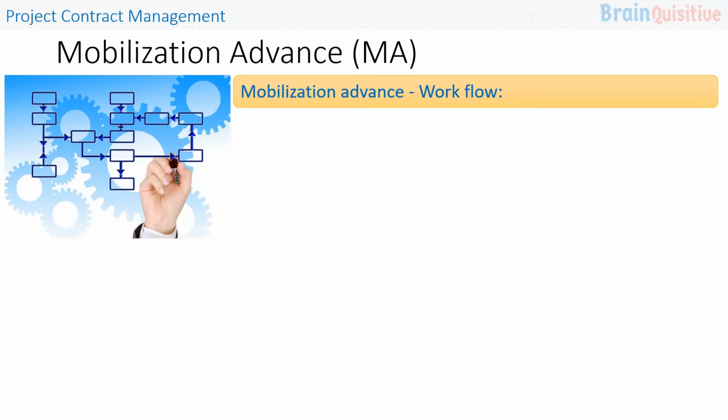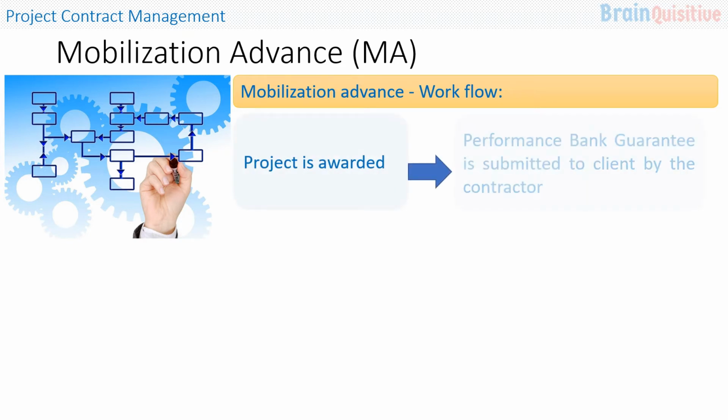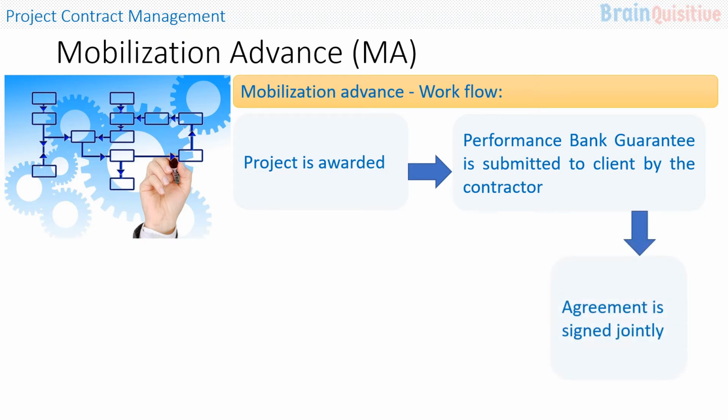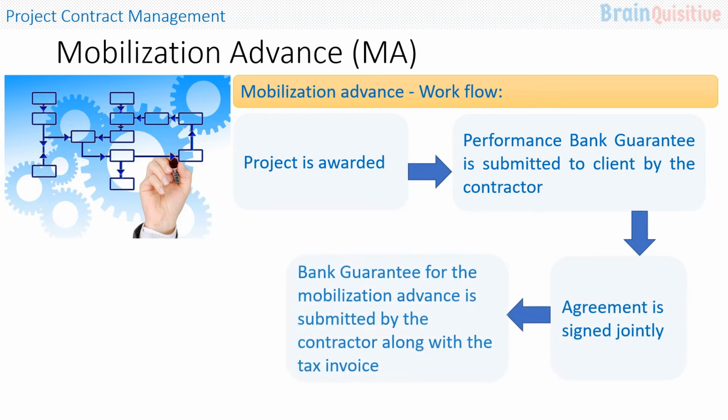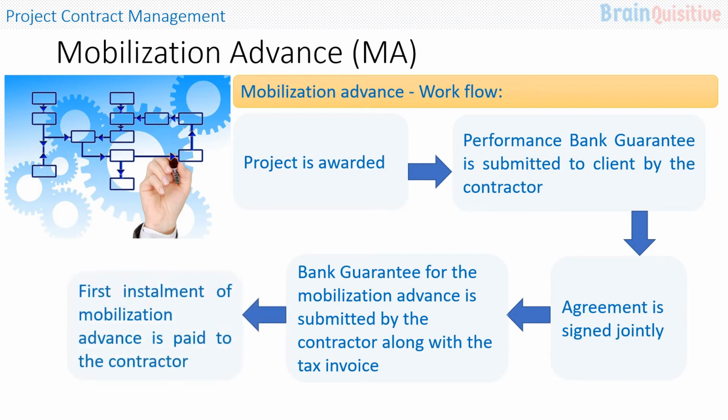The workflow of the mobilization advance is generally like this. The project is awarded, then the performance bank guarantee or bond is submitted to the client by the contractor, then the agreement is signed jointly. The bank guarantee for the mobilization advance is submitted by the contractor along with the tax invoice for the mobilization advance, and then the first installment of mobilization advance is paid to the contractor.